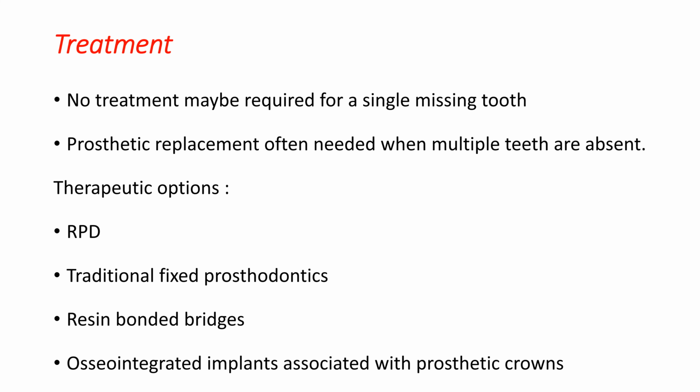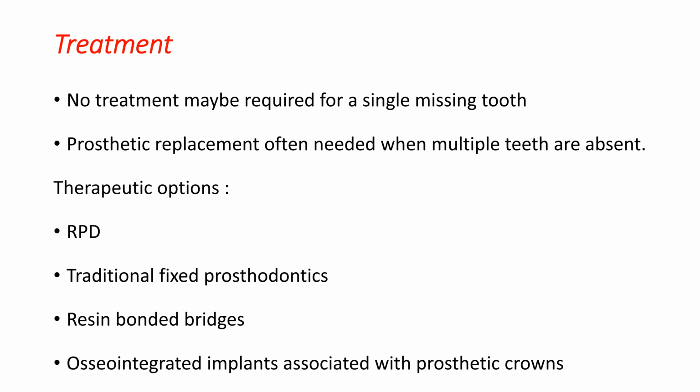Then treatment for hypodontia. The treatment of the patient with hypodontia depends on the severity of the case. No treatment may be required for a single missing tooth. Prosthetic replacement is often needed when multiple teeth are absent.